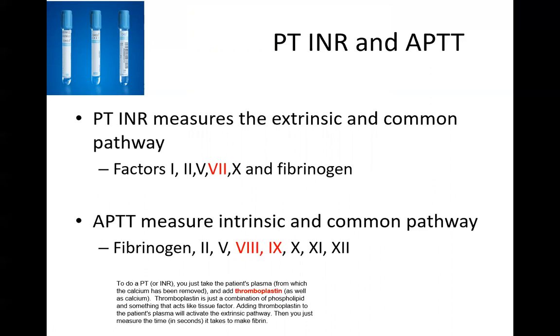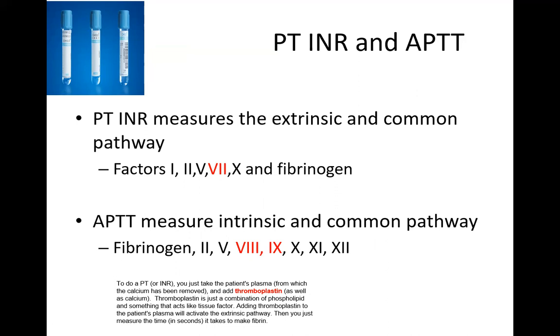So we take the patient's plasma in these blue top containers. These blue top containers contain sodium citrate. The citrate is going to combine with calcium and prevent the clotting of blood. We will centrifuge the sample, we will separate the plasma, and in the plasma, we will add some constituents. Depending upon what we are adding, it will become either a PT or an APTT.